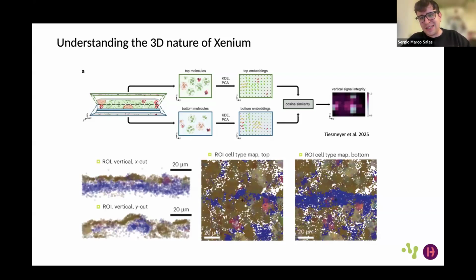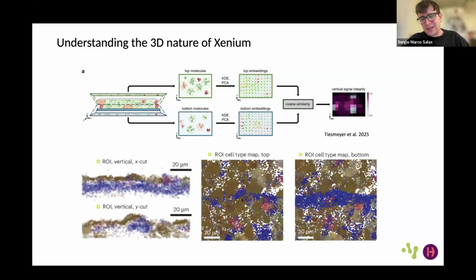Then, using cosine similarity, it tries to see whether on the Z-axis across the X and Y space we have vertical signal integrity or not, meaning whether we have similar expression on the upper part and the lower part. The lack of this vertical signal integrity would mean that we might have different structures on the upper part and on the bottom part of the slides.